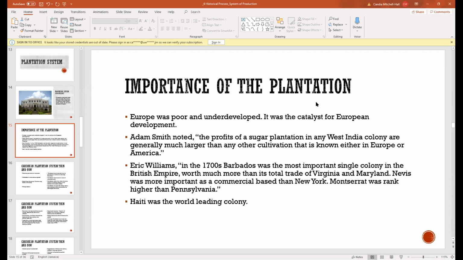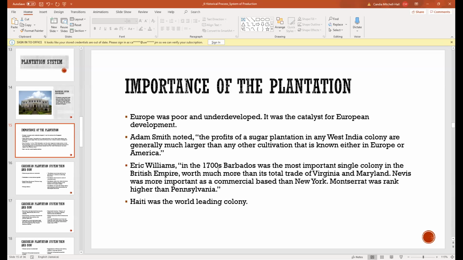Nevis was more important as a commercial trade base than New York, and Montserrat was ranked higher than Pennsylvania. So what we're seeing from what Eric Williams has stated is that in 1700, Barbados as a colony was very important to the British Empire.